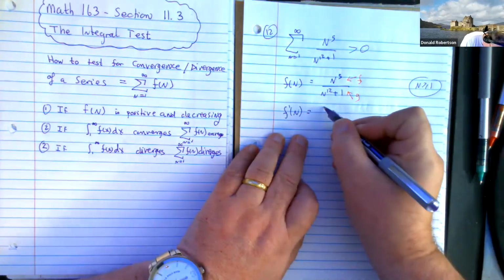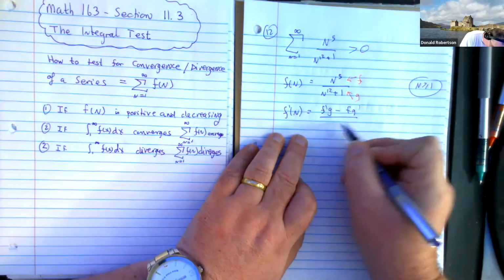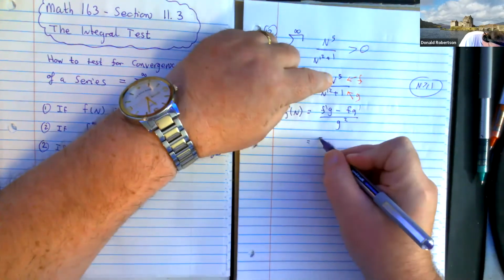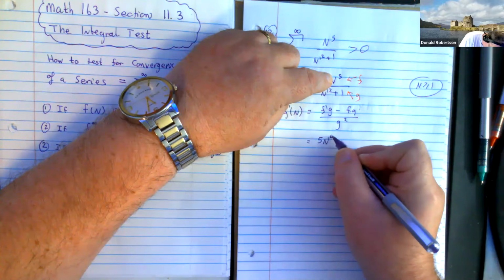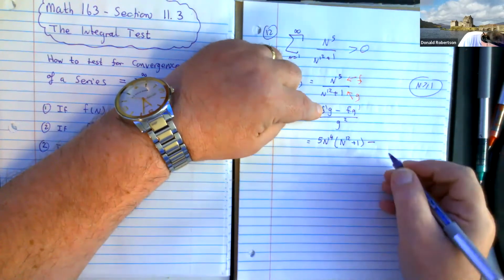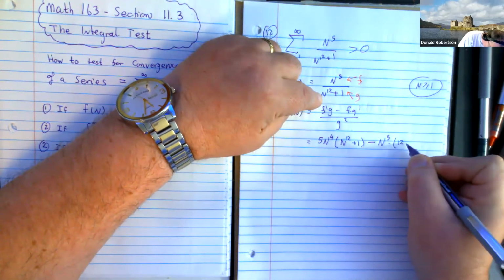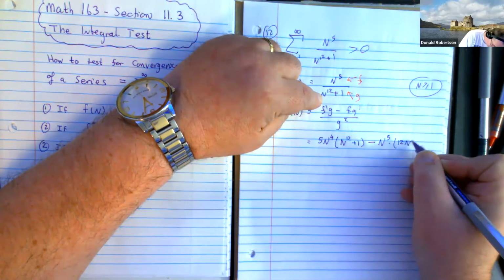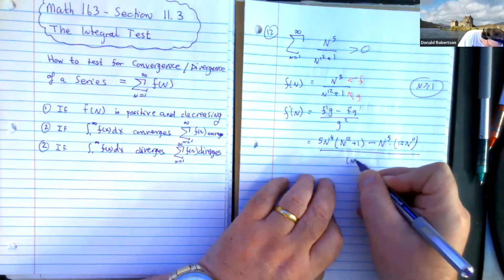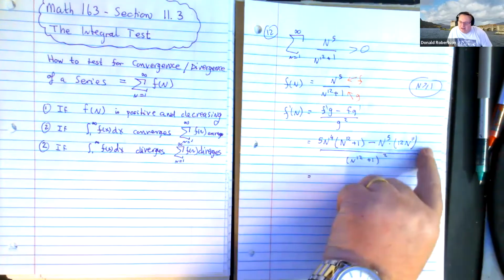So f dash g, take away f g dashed, over g squared. If you differentiate the top, you get 5n to the 4. You leave the bottom alone, you get that. Take away, leave the top guy alone, and differentiate the bottom, which gets me 12n to the 11. Oops. And the whole thing is over n to the 12 plus 1 squared. So I'm going to have to try and prove that that is negative.